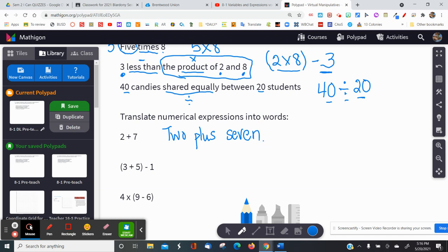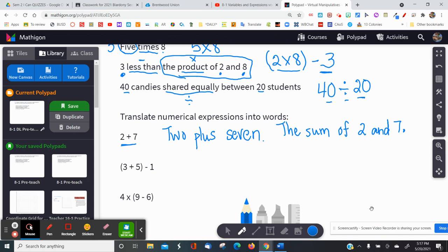I could also say the sum of, because sum is the answer to an addition problem. The sum of 2 and 7. I'm just going to write out the numbers here just to make things go a little quicker. So the sum of 2 and 7, that's what this means. But in simplest form, we could say 2 plus 7. That means the same thing.